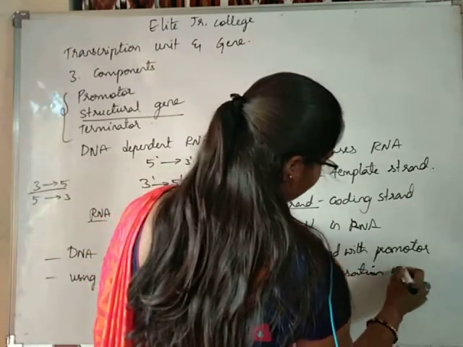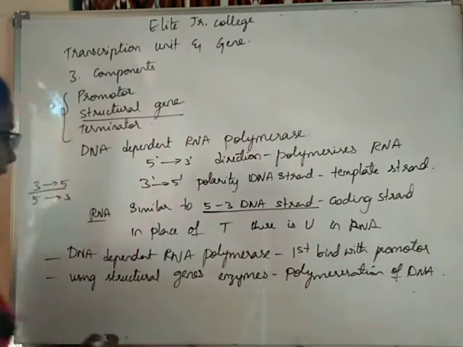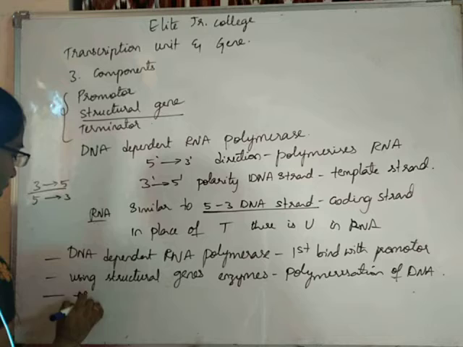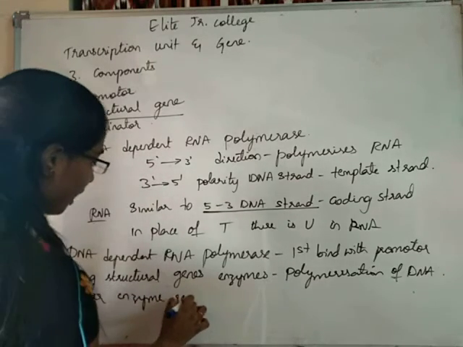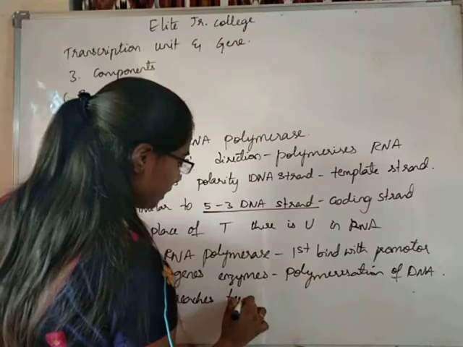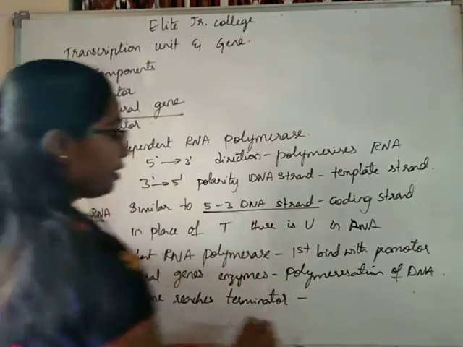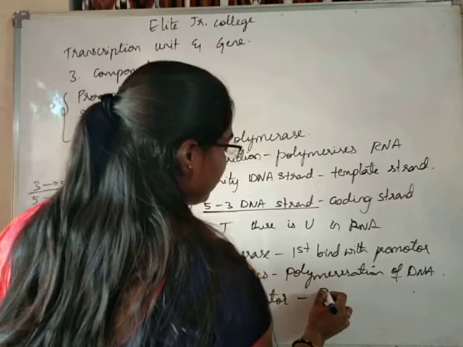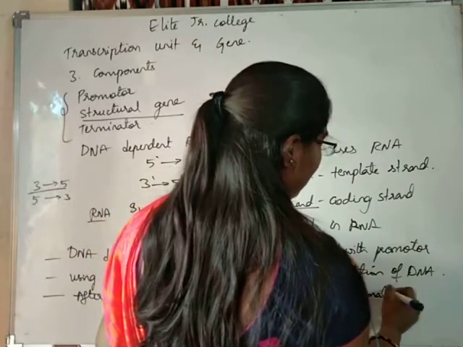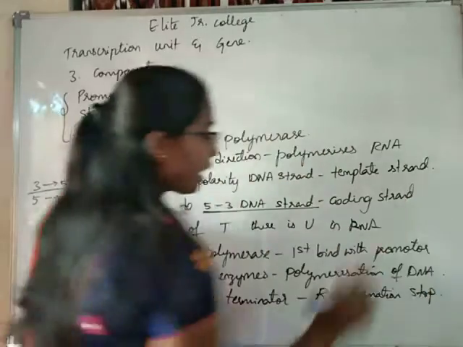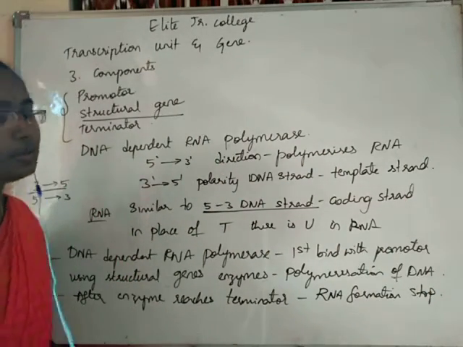After the enzyme reaches the terminator, the RNA formation stops. So, this is how RNA is produced, students.